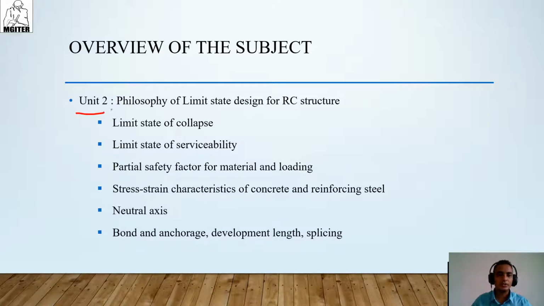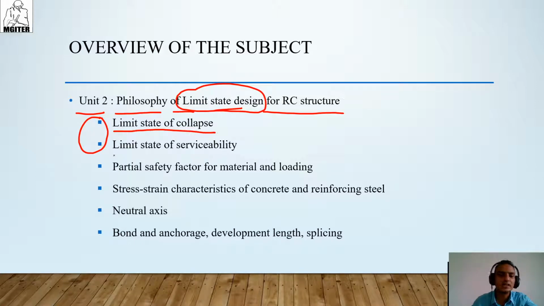Then second is unit 2, philosophy of limit state design for RC structure. In this subject we have limit state design, and we are going to learn it. These are the two methods of limit state design: limit state design of collapse and limit state design of serviceability.